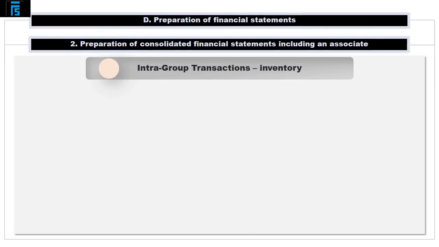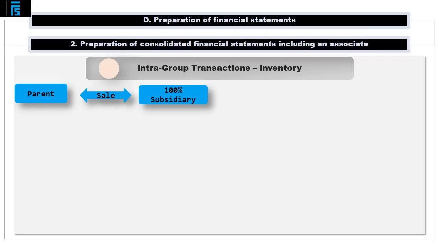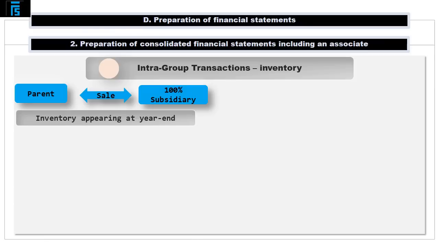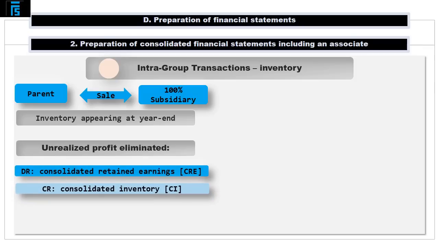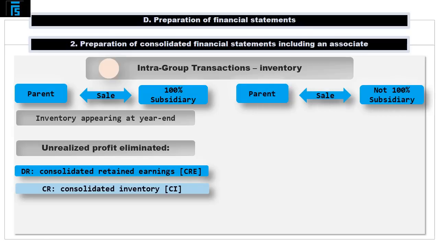Let us deal with the inventory situation first, where goods are sold by a wholly owned subsidiary to its parent, or by the parent to a wholly owned subsidiary, and some of those goods still remain in the receiving enterprise's inventory at the end of the year. The unrealized profit must be eliminated by means of the following double entry: a debit to consolidated retained earnings and a corresponding credit to consolidated inventory.